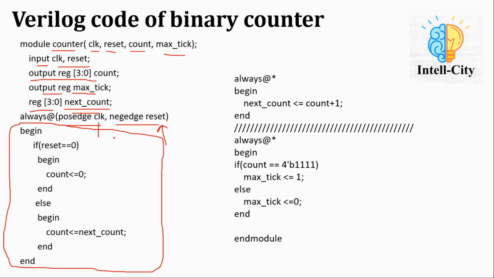As we have two conditions in this sensitivity list, we start with begin and end, and we need to check whether it is run by the reset or by the clock signal.